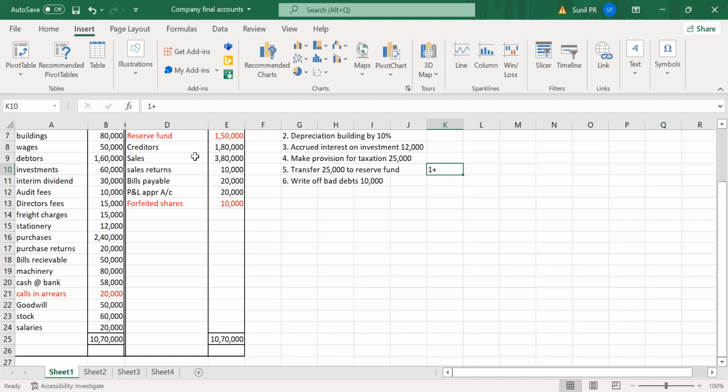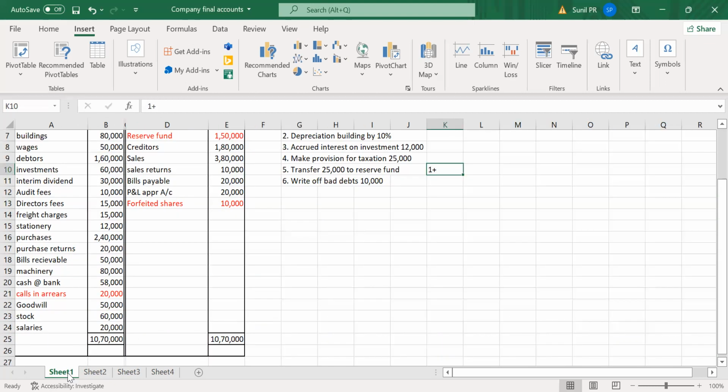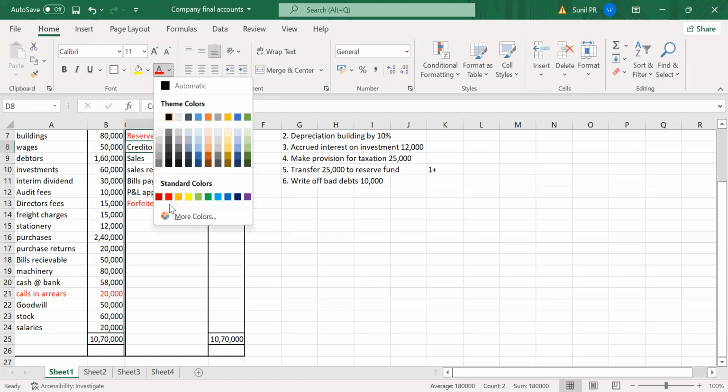Next we'll go for trade payables. Note number 4 is trade payables. So as I told, creditors and bills payable will be there. You can see here, creditors and bills payable. So creditors, I made it red.